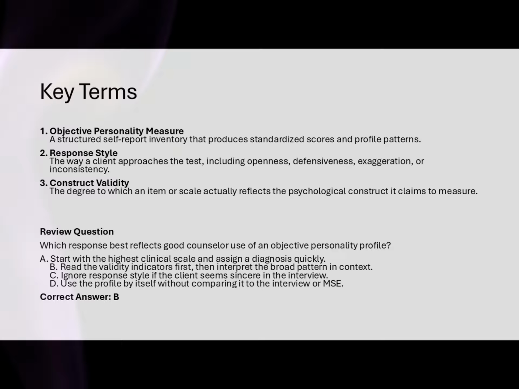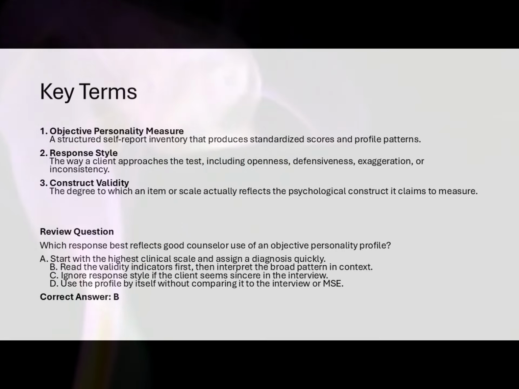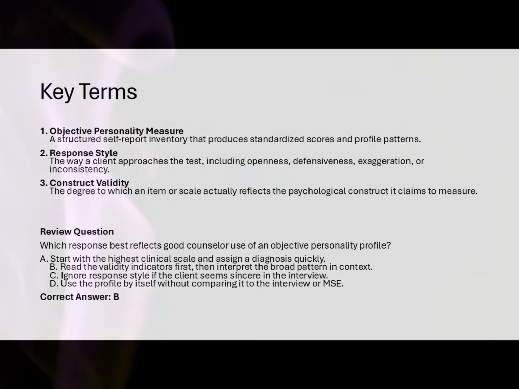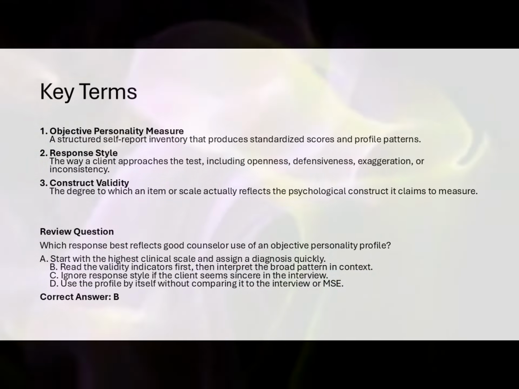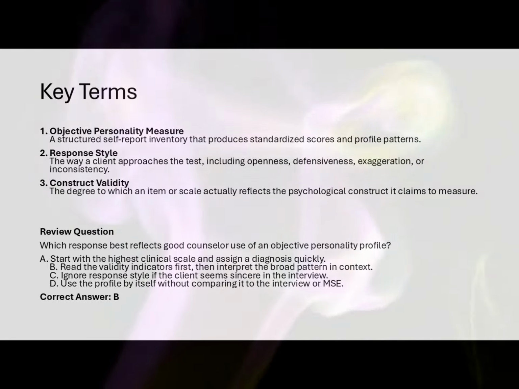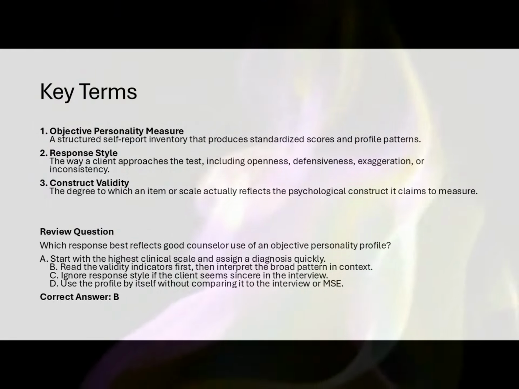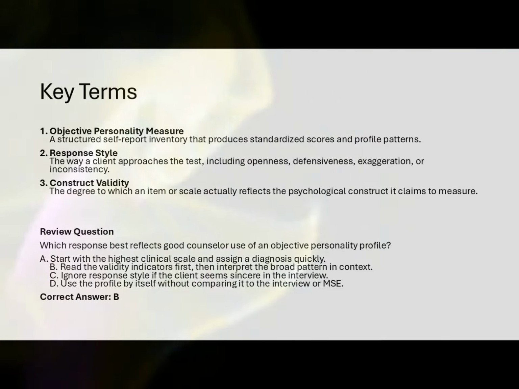A client may answer openly. Sometimes they're going to be defensive. Sometimes they're going to answer inconsistently. Some are going to exaggerate things either positively or negatively. And so we need to look at the validity scales to ensure that there are no distortions, over-reporting, or inconsistent reporting.